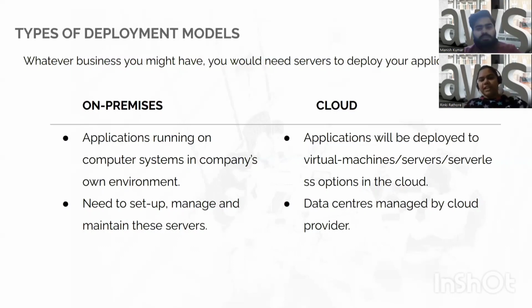I would deploy an application on a server which I am not sure where it would be physically present, but I only have its credentials so that I would be able to log in to that server. But where that server physically resides, I am not sure. So that is why it is called a virtual machine or a virtual server. Inside the cloud we are deploying our application.